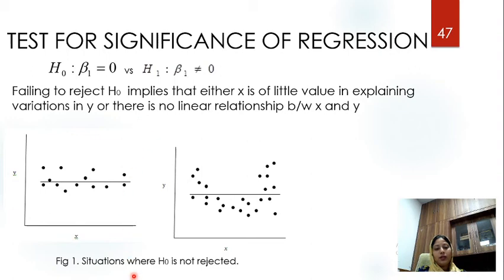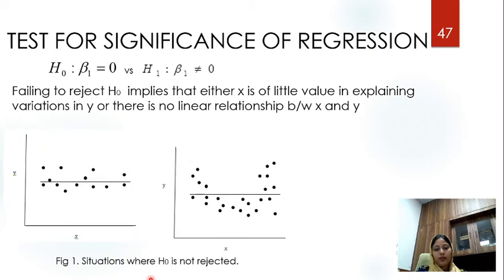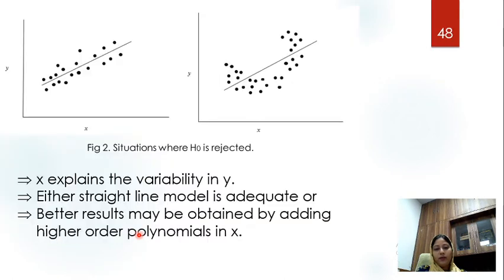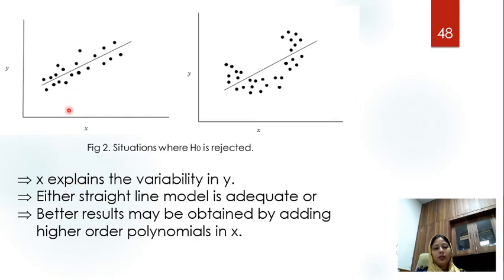So we have situations where h naught is rejected, and situations where h naught is not rejected. So if we have beta 1 equal to 0, and here we are having beta 1 not equal to 0. So this figure says that x explains the variability in y. So either a straight line model is adequate from this figure, or from here we may infer that better results may be obtained by adding higher order polynomials in x.